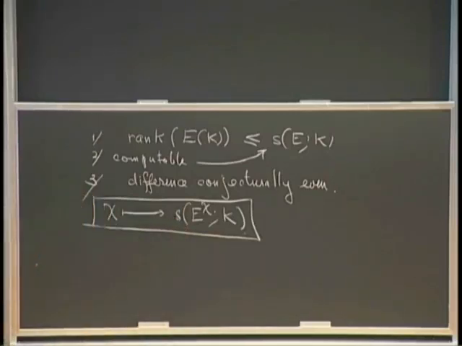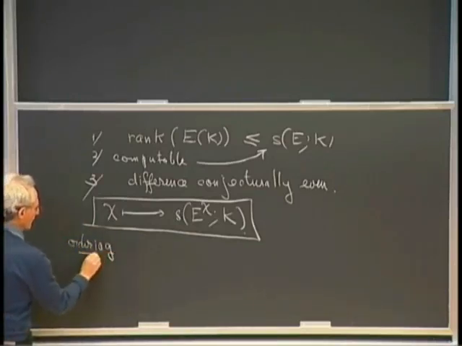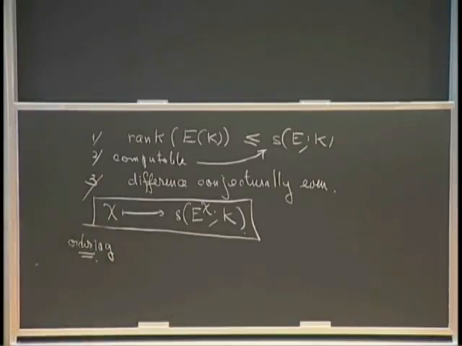And so, therefore, I have to do something about the ordering of chi. How do we order these chi's? Well, there's a very nice ordering in Heath-Brown's paper.